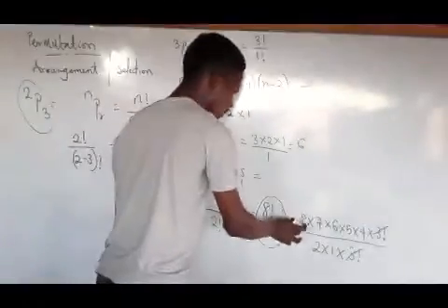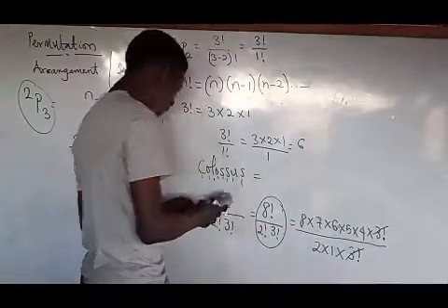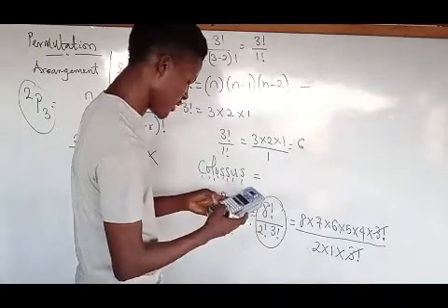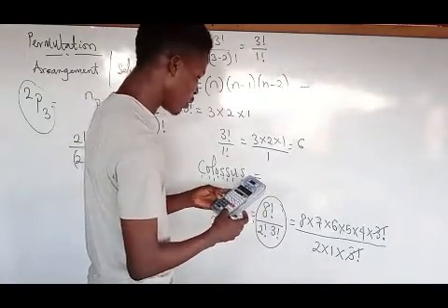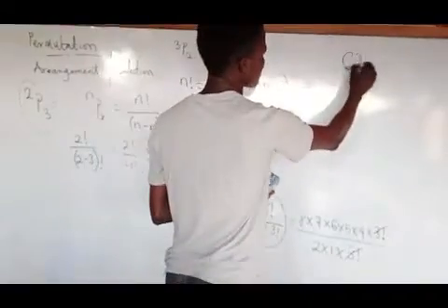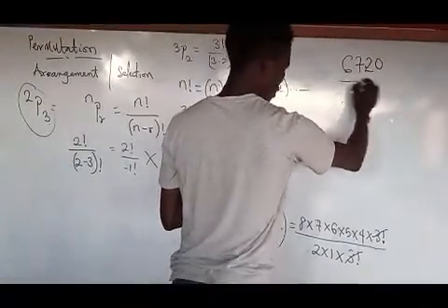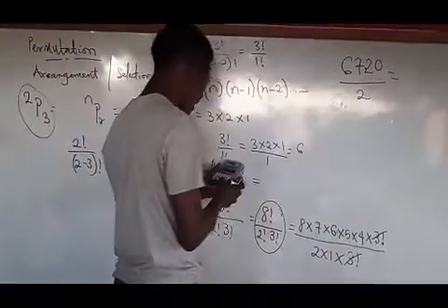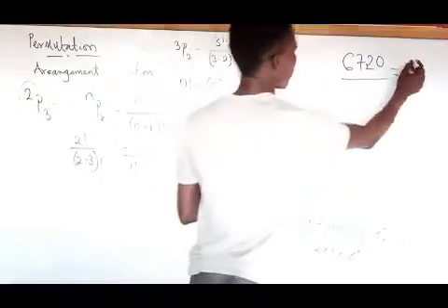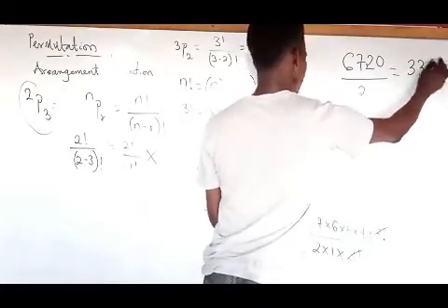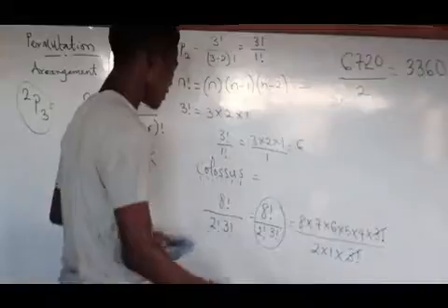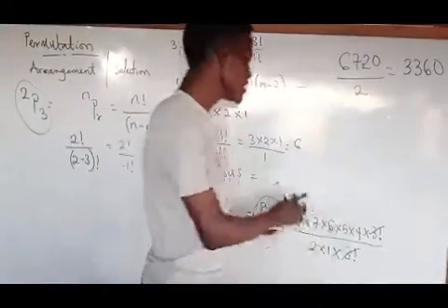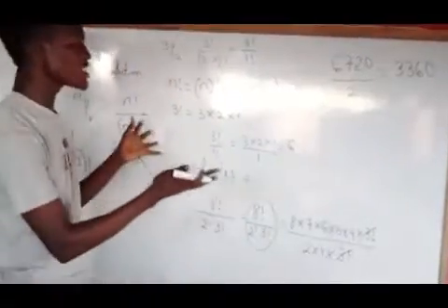Then we are now going to have 8 multiplied by 7 multiplied by 6 multiplied by 5 multiplied by 4. And if you do that, you are going to have 6,720 all over 2 times 1, which will give us 2. Then if you divide your answer by 2, you are going to have 3,360. So that means the word Colossus can be arranged in 3,360 different ways.